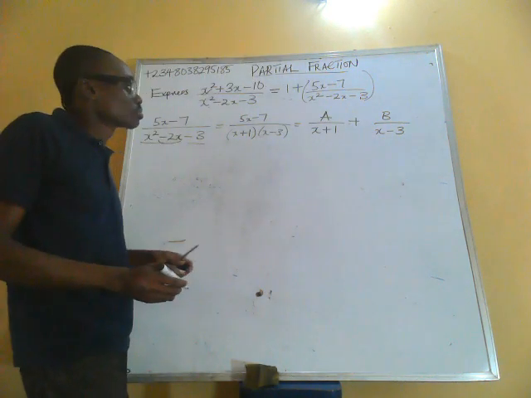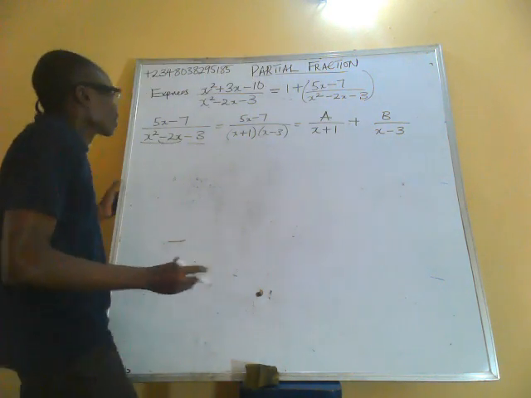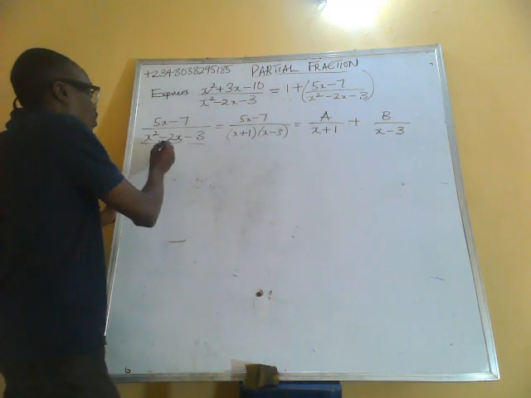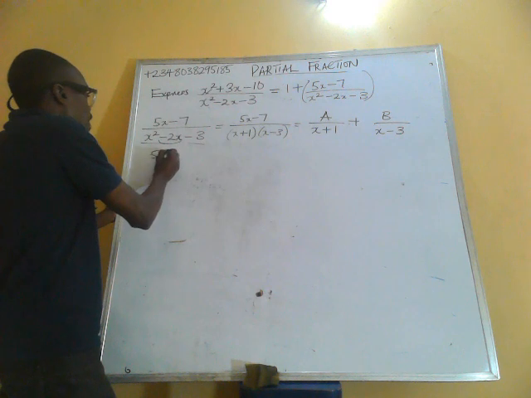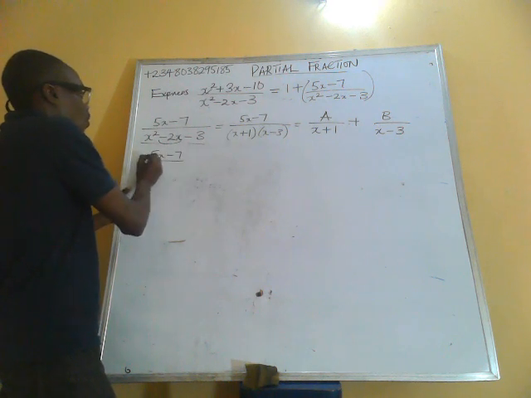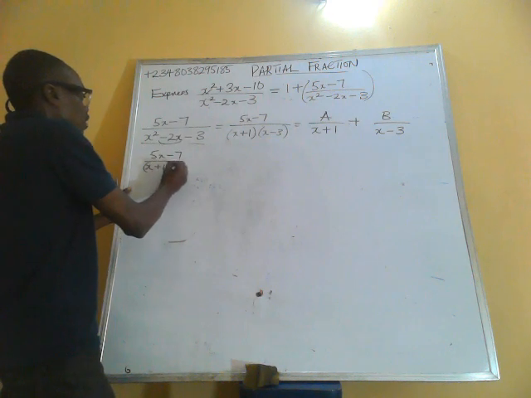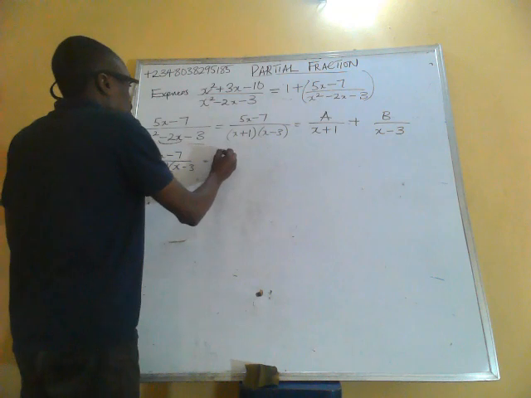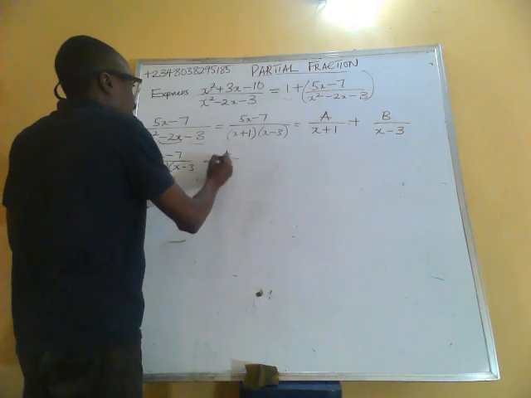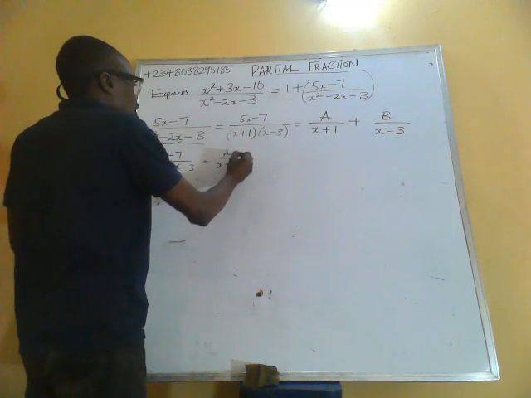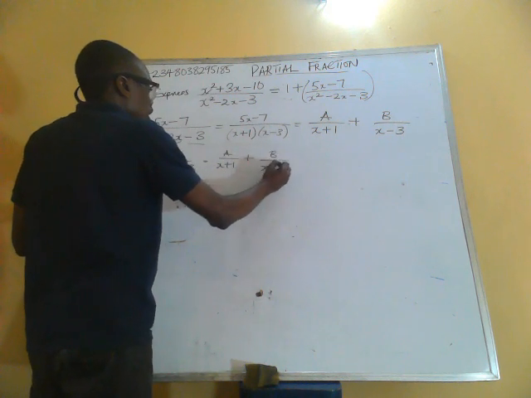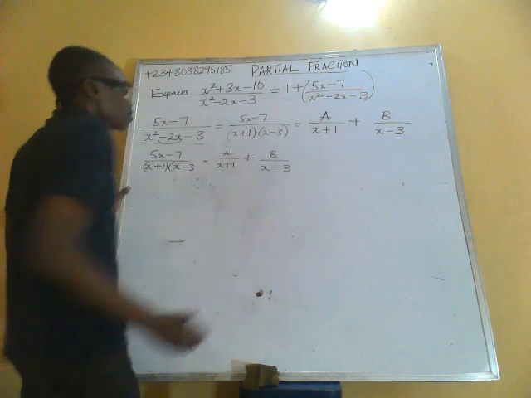So what do you do over there? We come over here, we have 5x minus 7 over x plus 1, x minus 3 equals a over x plus 1 plus b all over x minus 3.